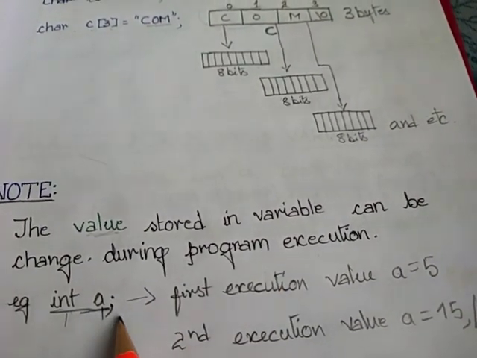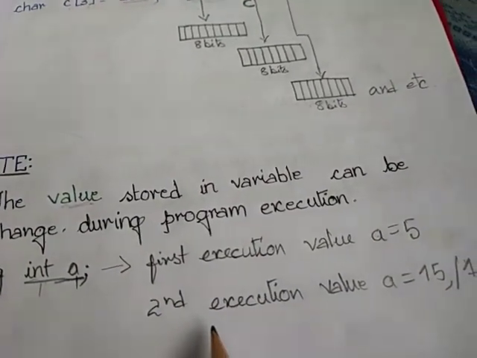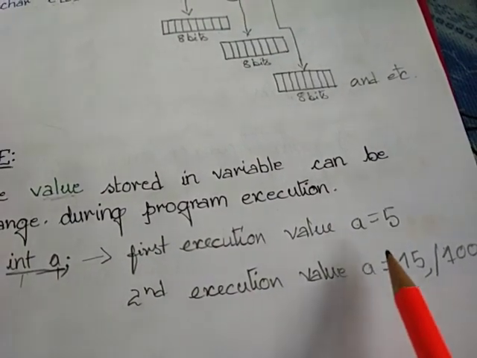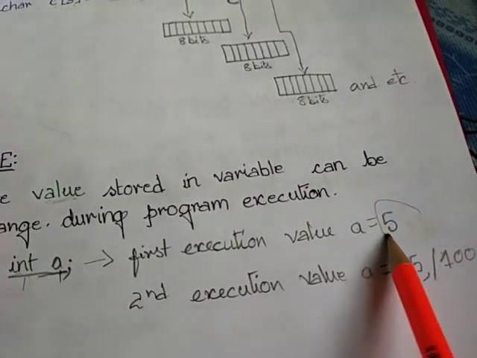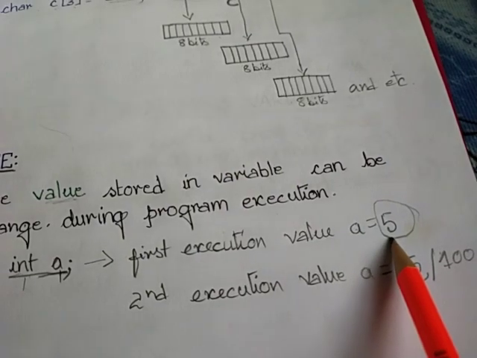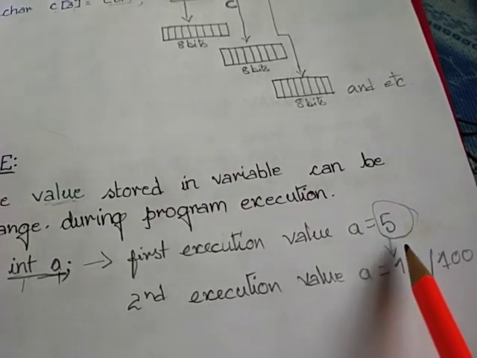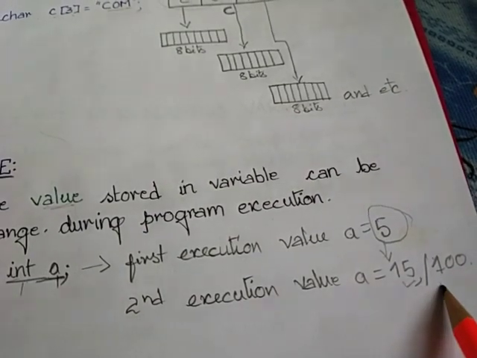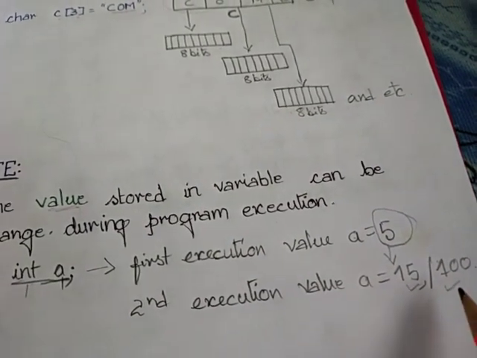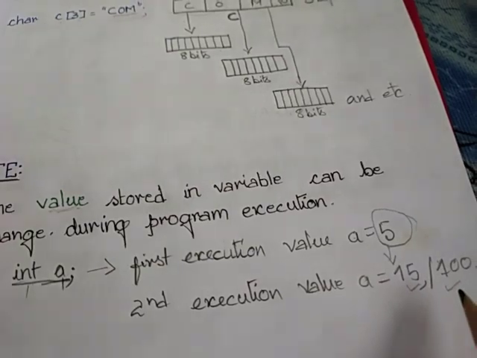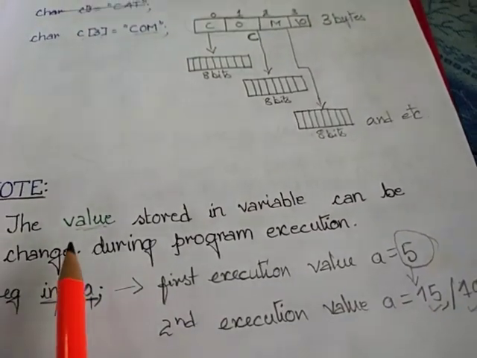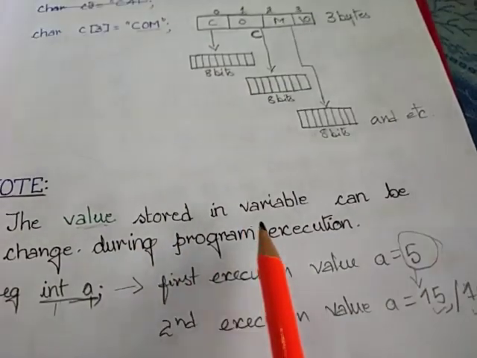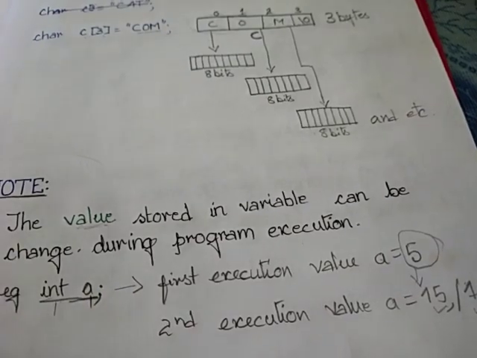But when you run the same program for the second time, it is not compulsory that the value will be the same, 5, but it can change. So the second time when I run, I can input 15 or 100 or whatever integer value that I want to input. Therefore, the value that you store in the variable can be changed.